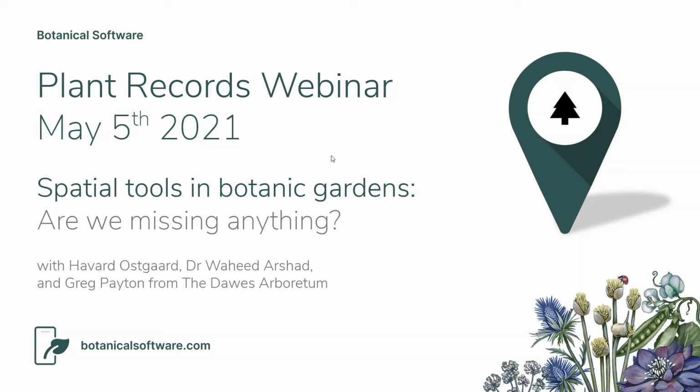In the old days, it was paper maps. Now it's a mix. And sometimes the paper map is not good enough. And often the GIS or the tools that you have on where you go is not good enough. And we think the same thing applies to plant records.